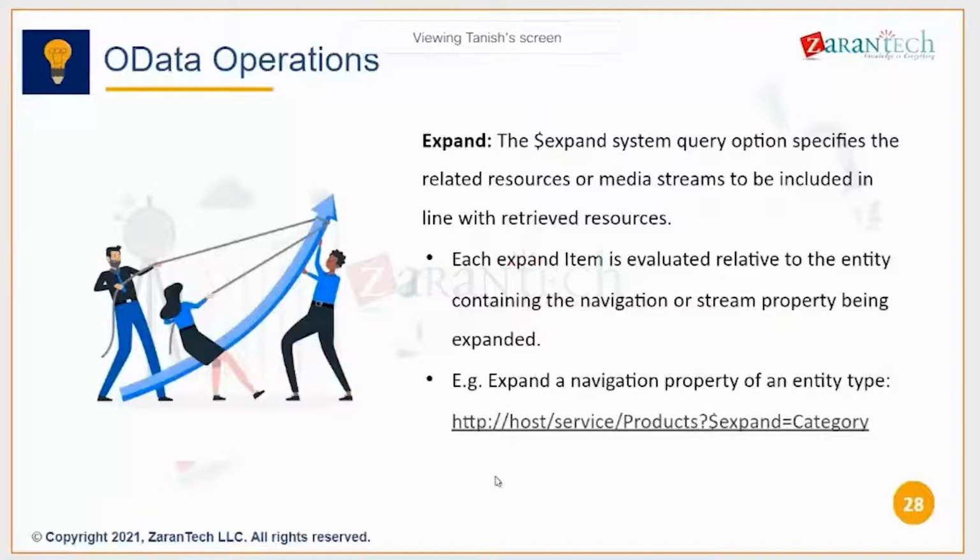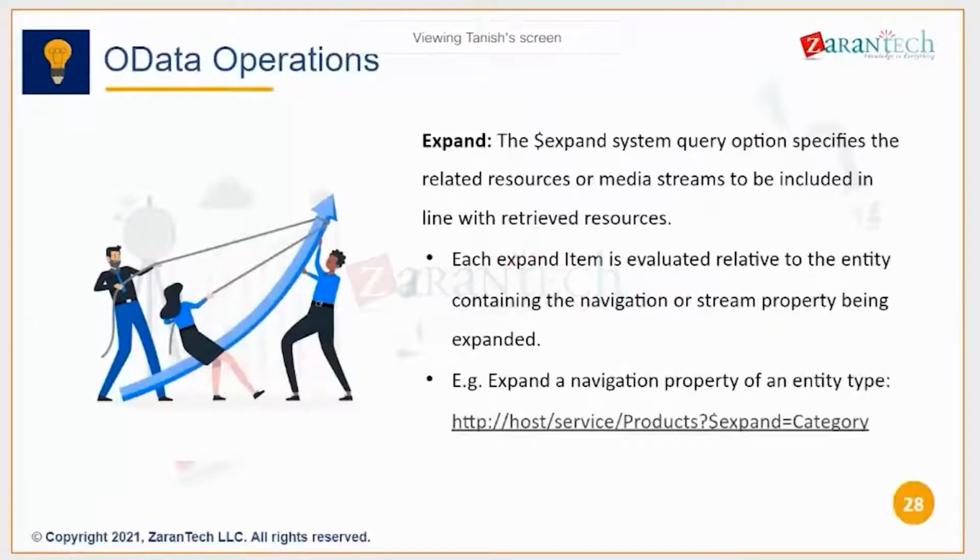Expand system query basically gives you an option to specify the related resources, like a header item followed by the line items, or the main service followed by the subcategories kind of thing, to be included in line with the retrieved resources. Each expand item is evaluated relative to the entity containing the navigation or stream property being expanded.